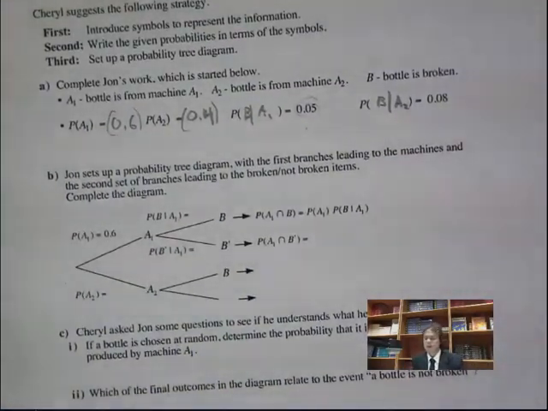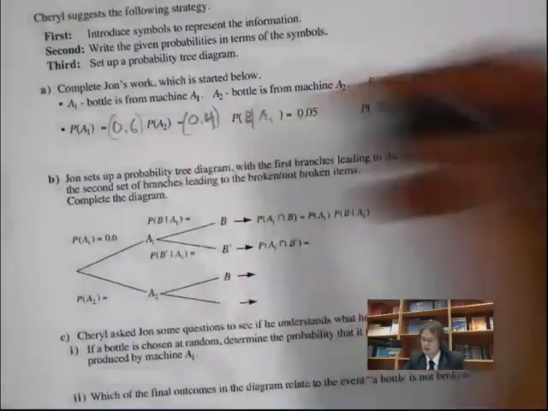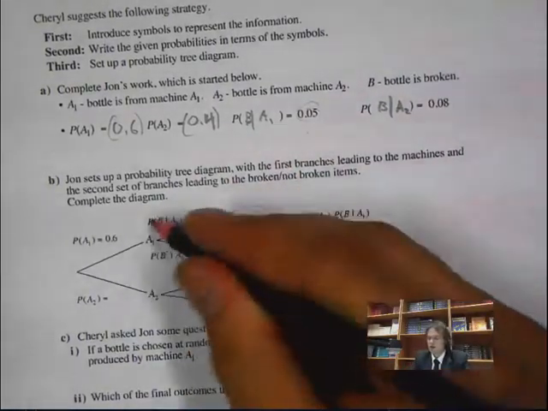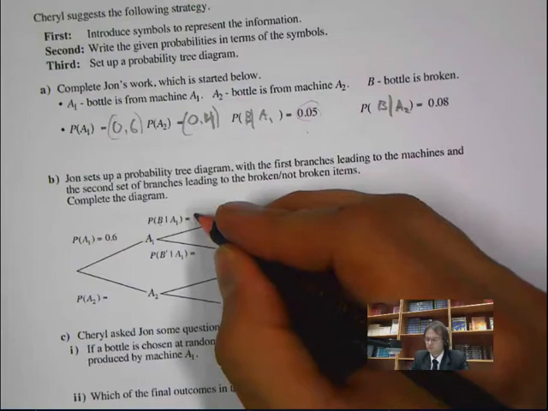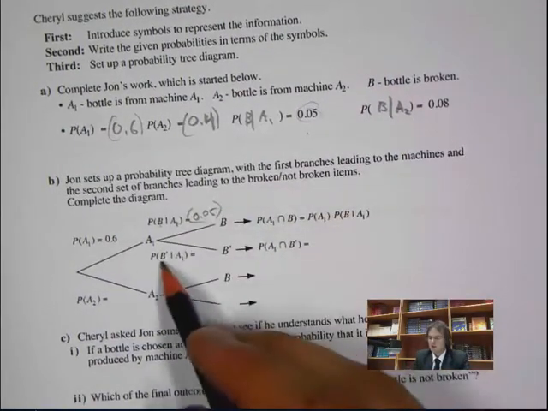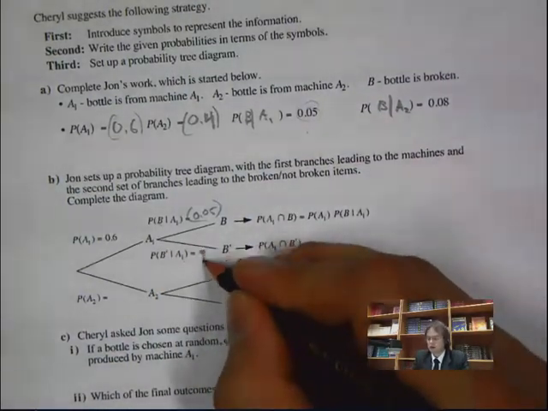So the next part is to set up a tree diagram. One person here sets up a tree diagram. So we have these already made before, 0.05. That's broken and it comes from machine 1. Then it's not broken and it comes from machine 1 is 0.95.